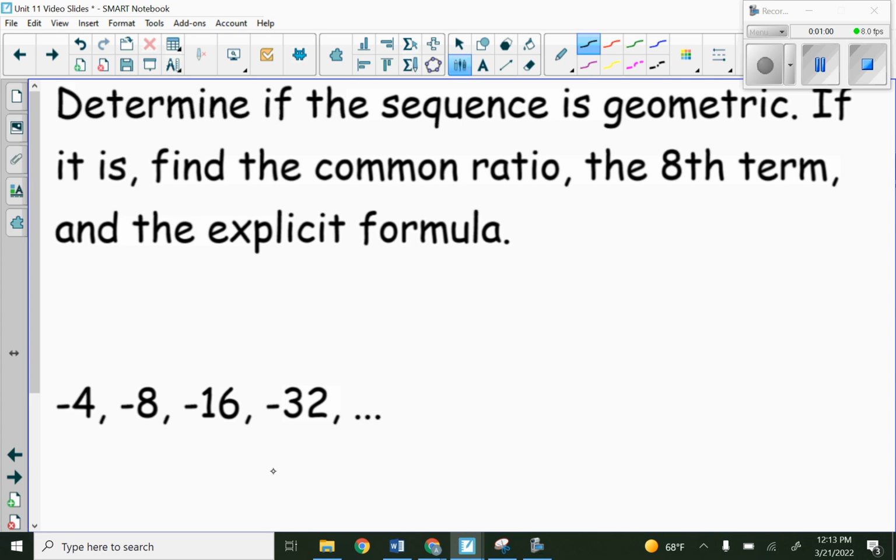So, determine if the sequence is geometric. If it is, find the common ratio, the eighth term, and the explicit formula. You always want to first start by determining if it's geometric.